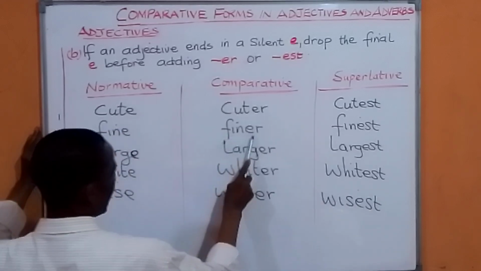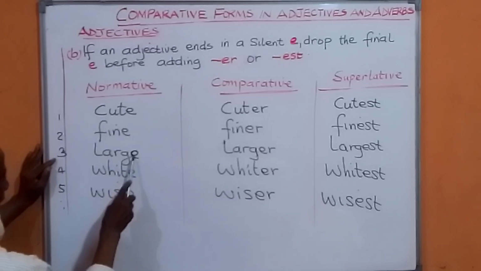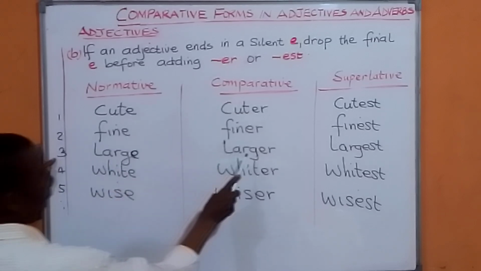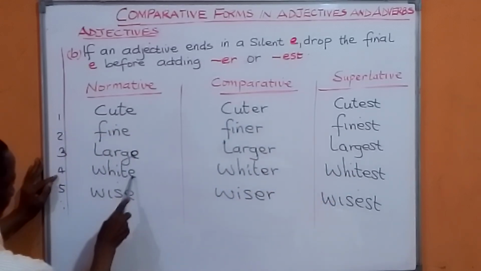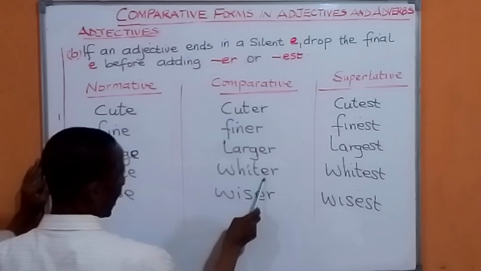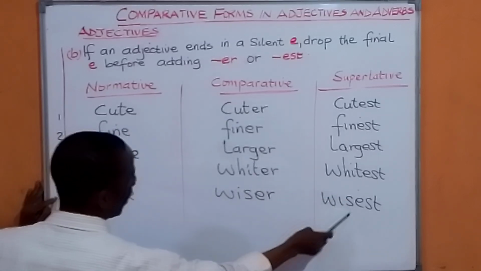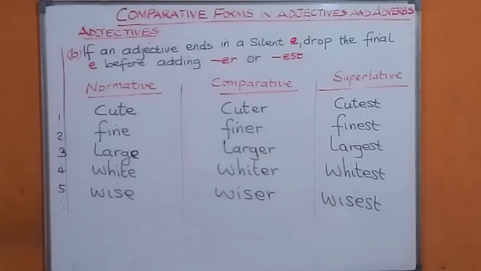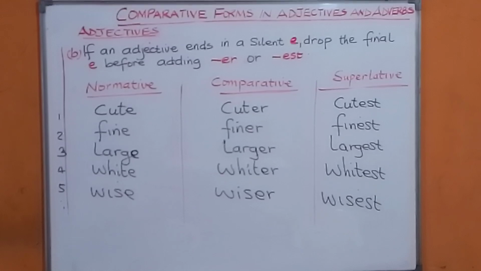Fine, finer, finest. Large, ending in a silent E, larger, largest. White, ending in the final E, whiter, whitest. Wise, wiser, wisest. So you see the examples that we have taken in our second rule.